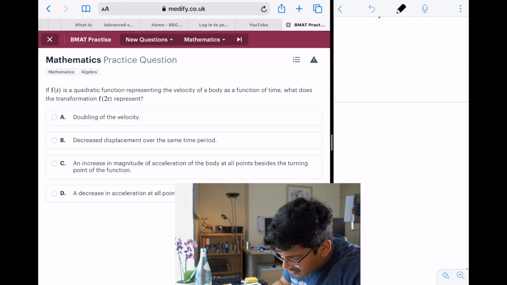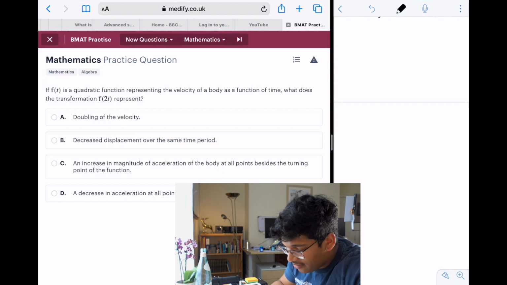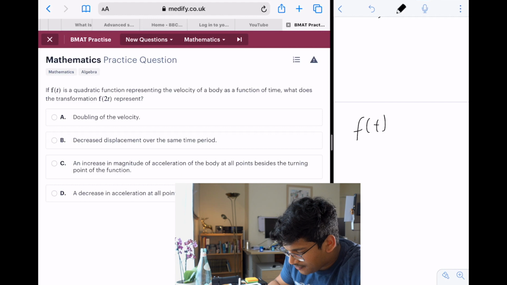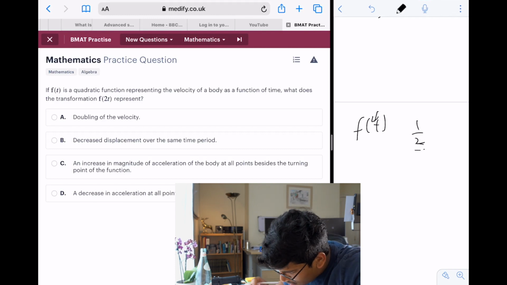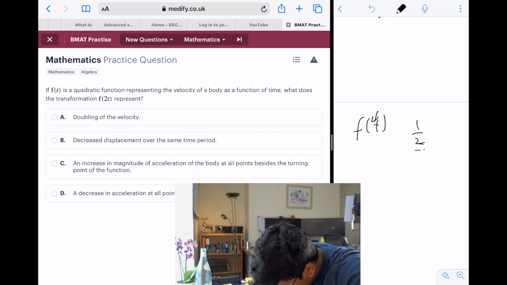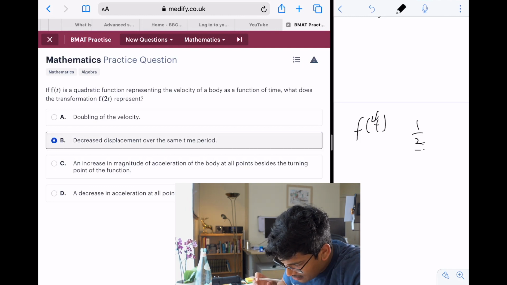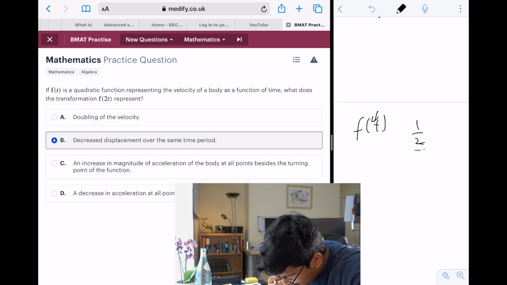If f(t) is a quadratic function representing the velocity of a body as a function of time, what does the transformation f(2t) represent? So f(t)... so since this is inside the bracket, it's going to have the opposite direction. So it'll cause a decreased displacement over the same period of time.